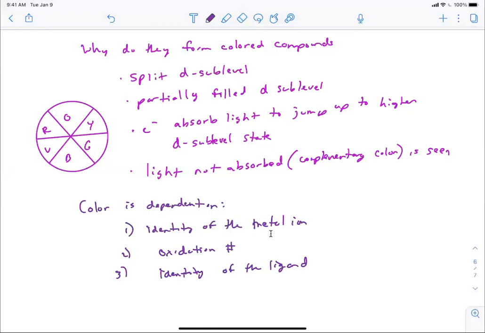Those are the three factors that affect what color you see in a colored compound, because all three affect how much the d sublevel splits, which means what energy the electron needs to jump up to the higher split d sublevel. Questions so far?